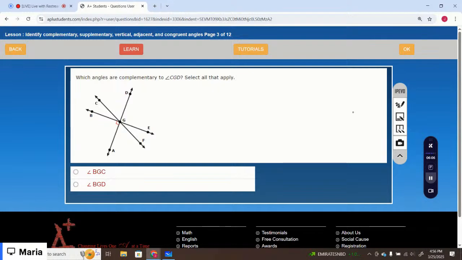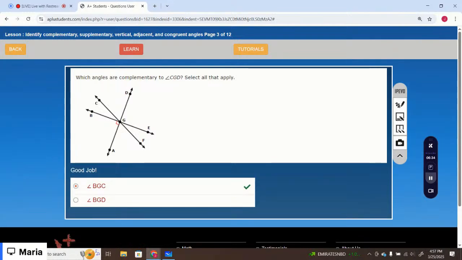So the angle that is complementary to CGD is CGB, or BGC. Option number 1 is the correct option, that is angle BGC.